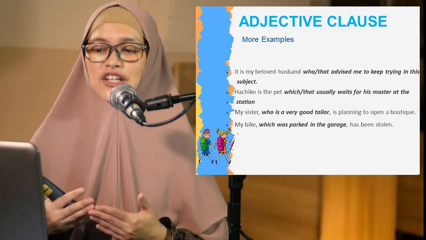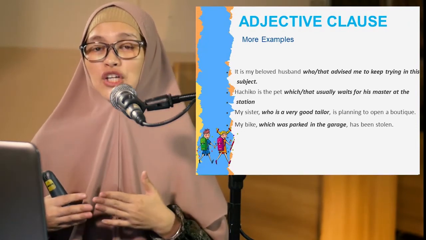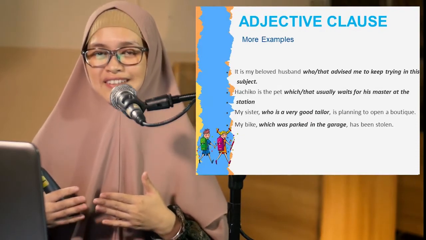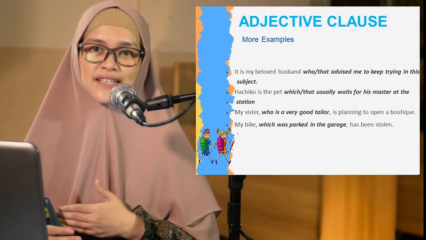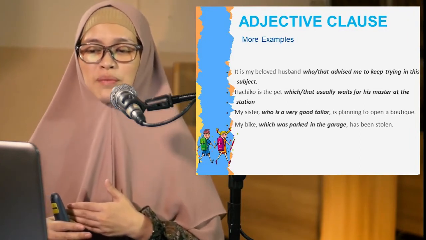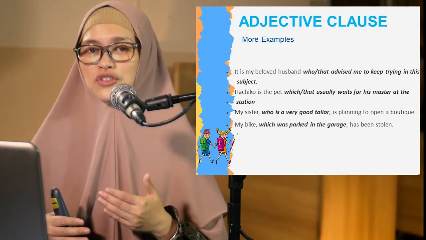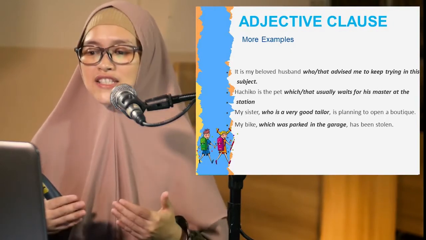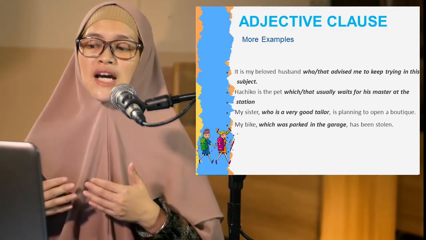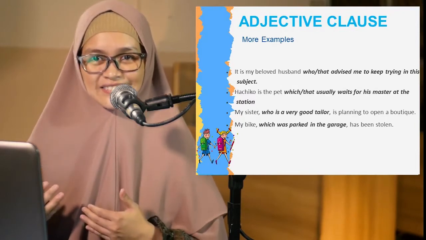My sister, who is a very good tailor, in commas, is planning to open a boutique. Can we omit who is a very good tailor? Yes, we can still understand my sister is planning to open a boutique. Right?